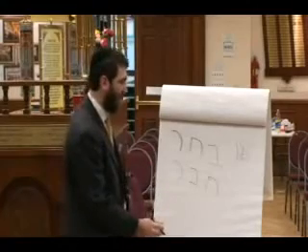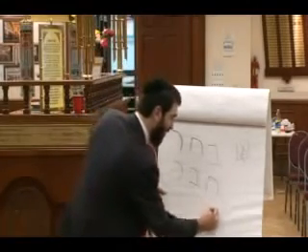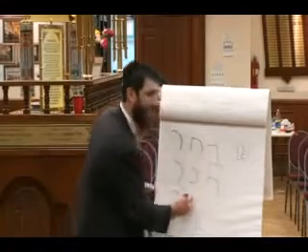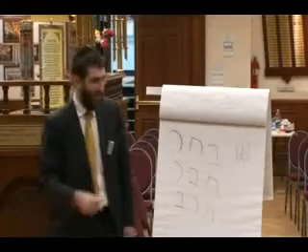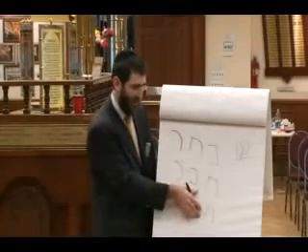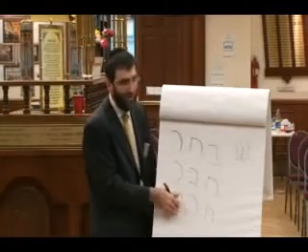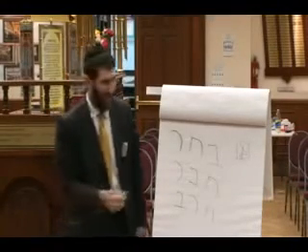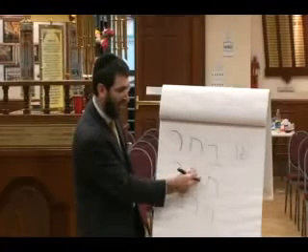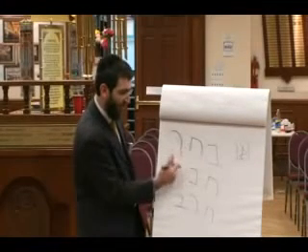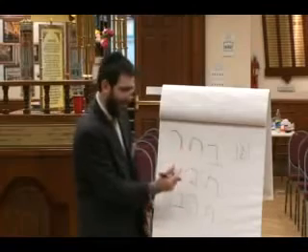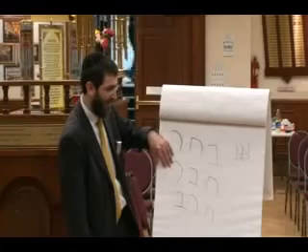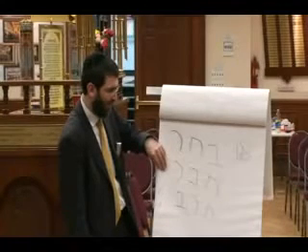Or we could write the same three letters as cherev, which means a sword. If I make incorrect free choice decisions, I am in conflict with God, like in battle with God, in opposition with God. Free choice, bachar: you can choose to be a chaver, or you can choose to be a cherev, like a sword, in opposition to God. That's the power of free choice.